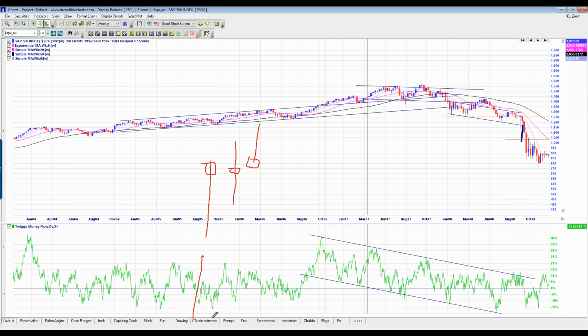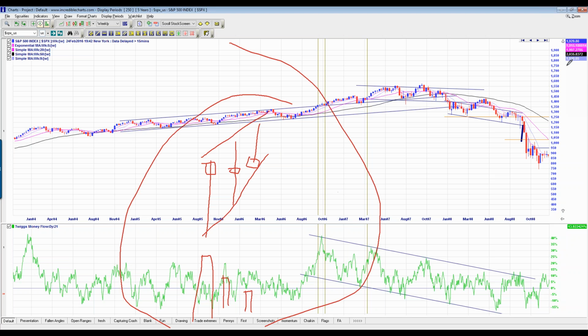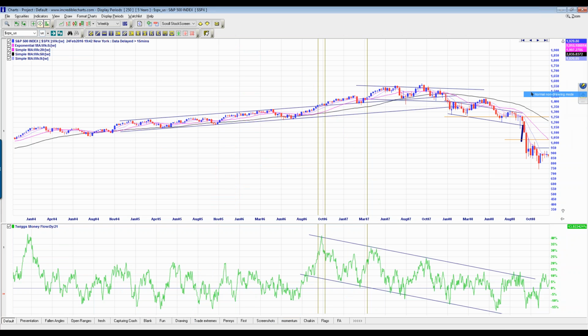If we see that it's doing that on decreasing volume, now that's even more bearish. Now we have a contracting range with lower closes, with decreasing volume. Hey, we've just drawn ourselves the perfect short. Right? We've just drawn ourselves the perfect short.